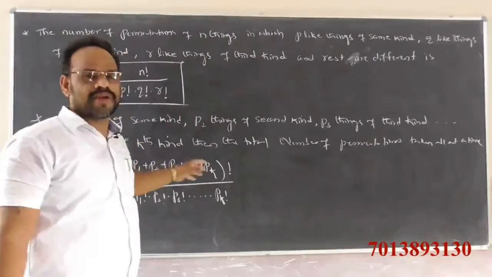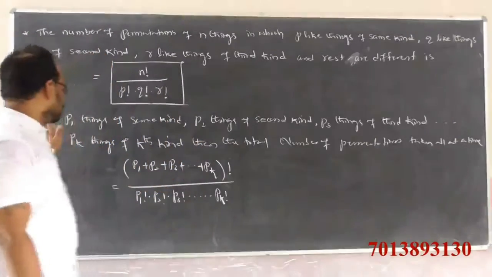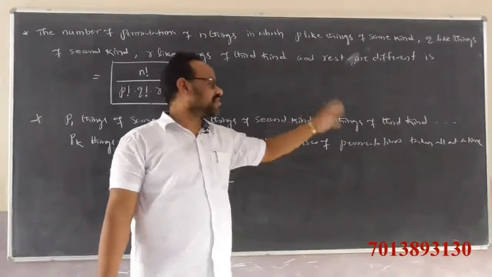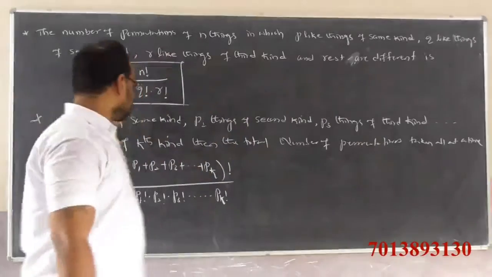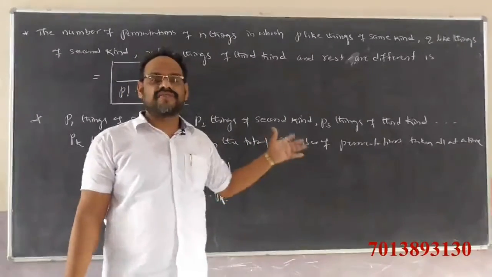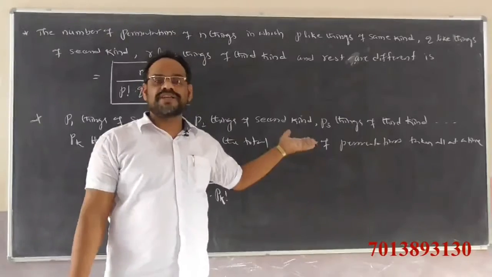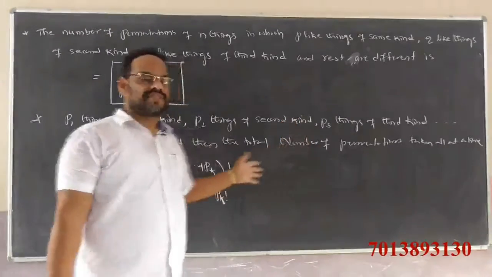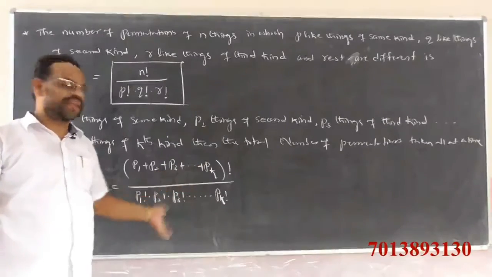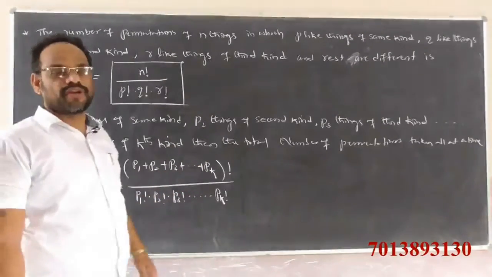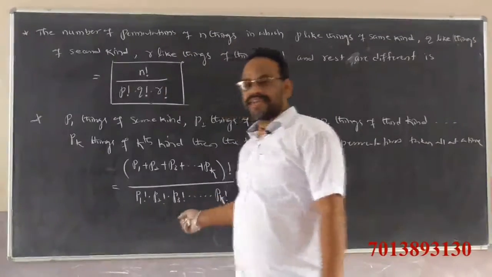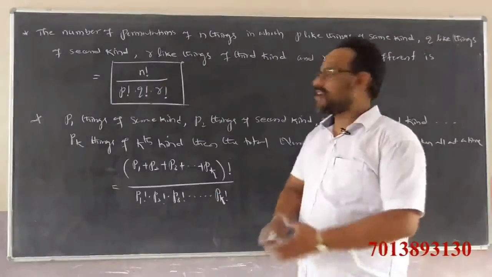Extending it up to k kinds, with p1 things of the same kind, p2 things of the second kind, p3 things of the third kind, and so on, pk things of the kth kind, the total number of permutations taken all at a time is (p1 plus p2 plus p3 plus, and so on, plus pk) factorial by p1 factorial into p2 factorial into p3 factorial into, and so on, pk factorial.